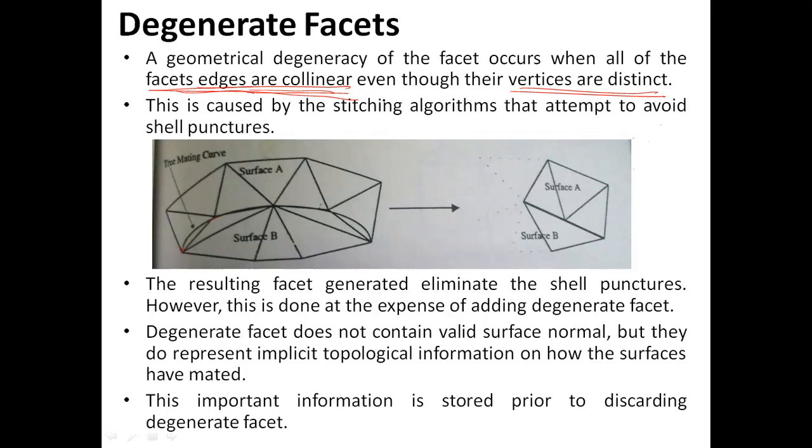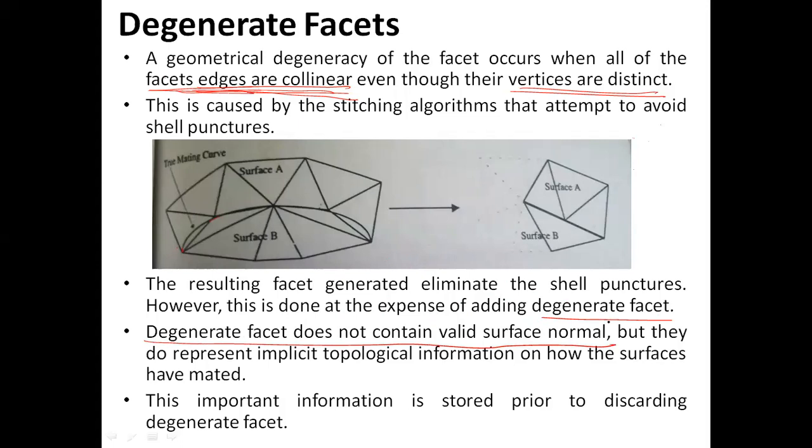As a result, you get a degeneracy, where the facets become collinear because the vertices have moved their location. The resulting facet will be generated, however this is done at the expense of adding a degenerate facet. The degenerate facet does not contain a valid surface normal.